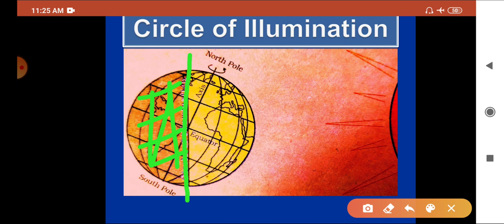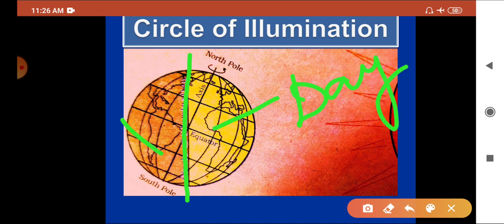Whereas this part of the earth which we are discussing here is observed as a day. So this circle of illumination is making day on this side which is facing the sun, and night on the back side.